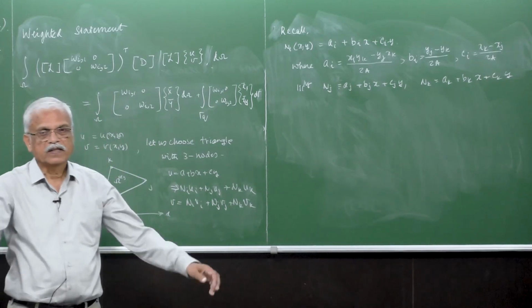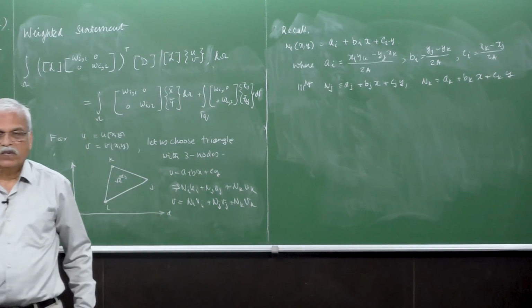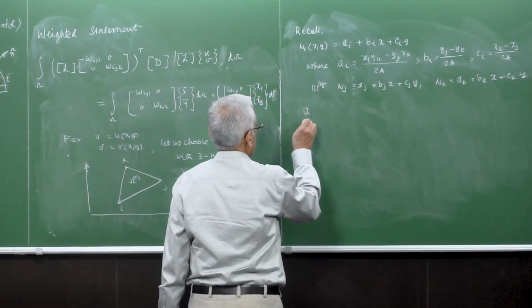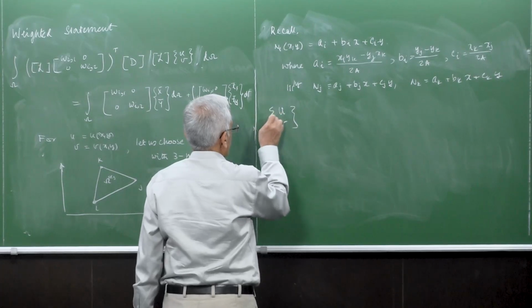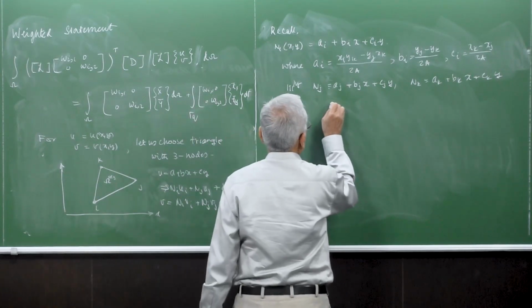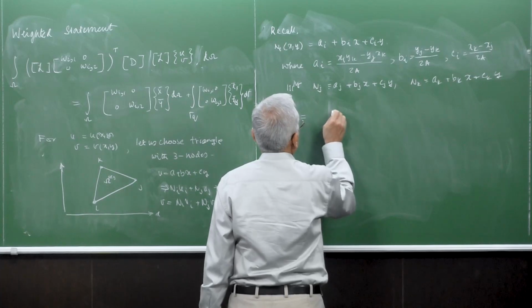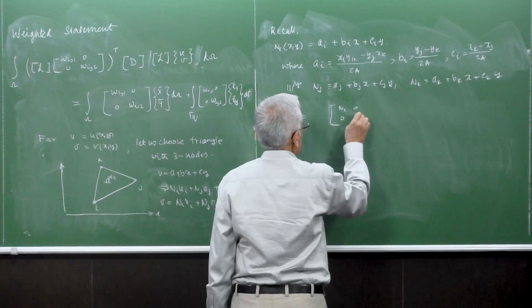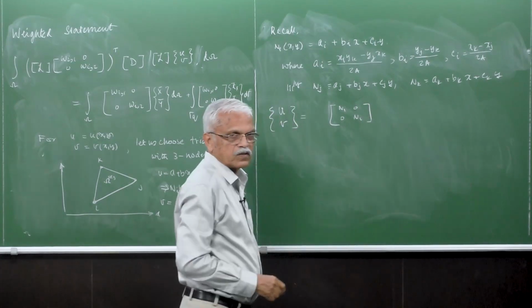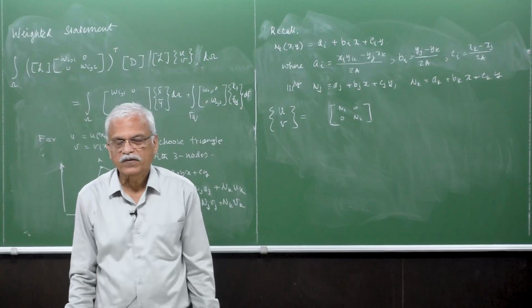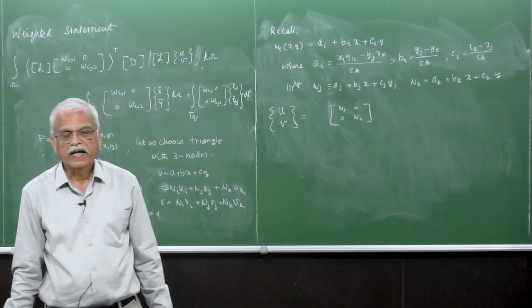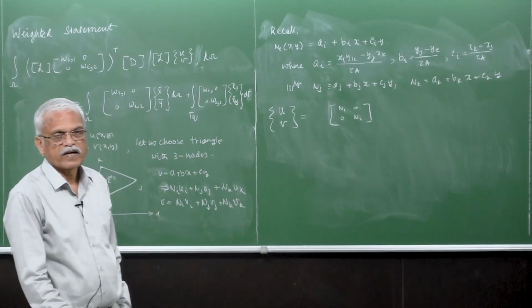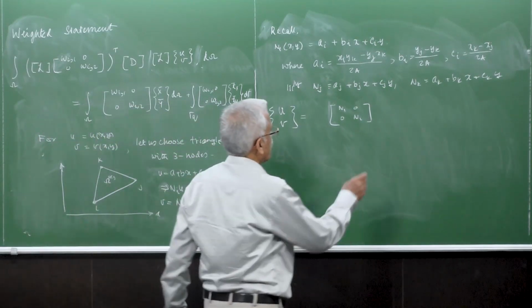So obviously the approximation u, v here, if you write it, should be at least once differentiable within the element, and if it has any discontinuity, it should be only a finite discontinuity at the element boundaries.